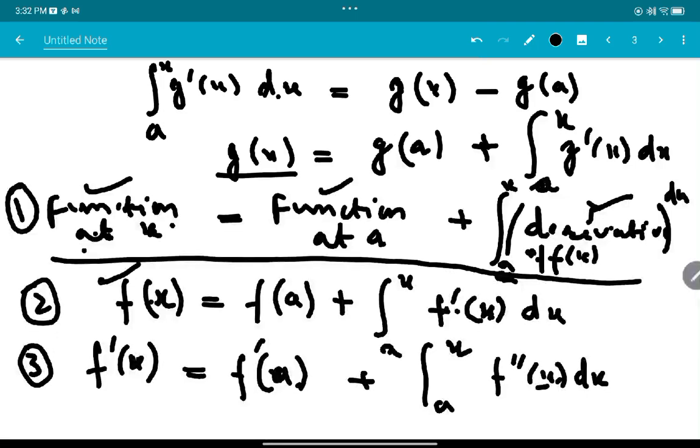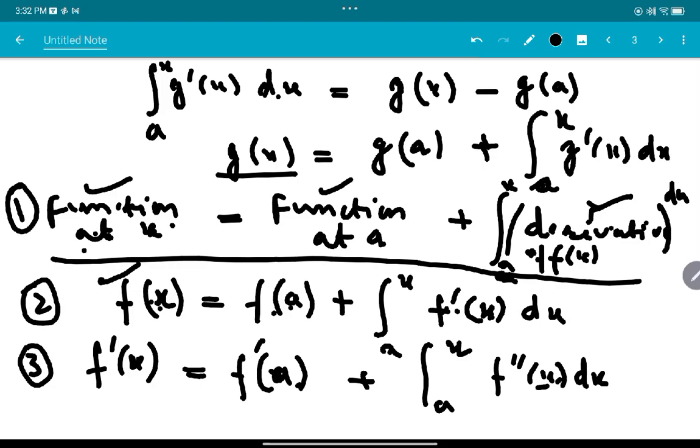If I differentiate equation 2, I will get f dash x equal to 0 for the constant term, and the integral will go with differentiation. That would be entirely different from what I write here. I am simply using this function for f dash x, and next time I will be using the same for f double dash x.